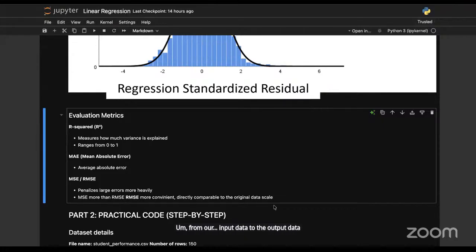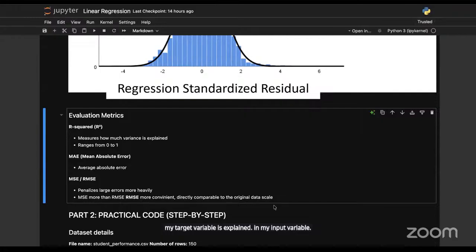So what does that mean? The variance, or the changes in X, let's say our R squared is 0.8. This means that 80% of the variance in my target variable is explained by my input variable.